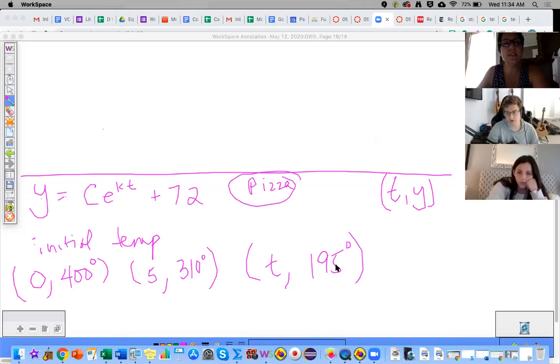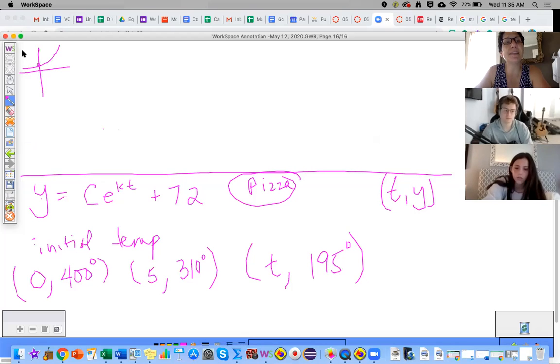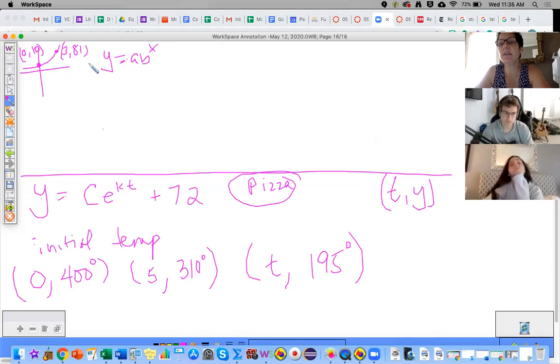No, actually, the reason why is because when I gave you something where I gave you the y-intercept, didn't that make life really easy for us? If I told you that this was 0, 10, and then this was like 3, 81, something like that, and you did your y equals a b to the x power, couldn't you find a initially?